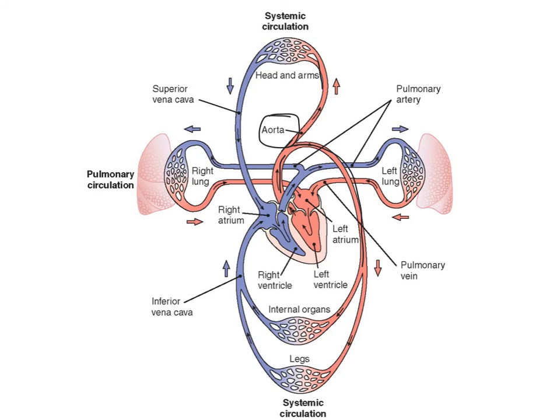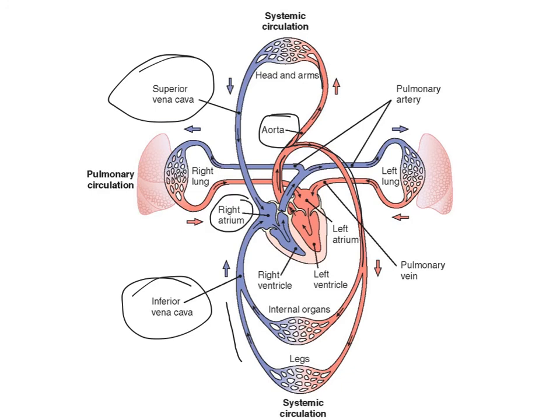Once it gets to where it needs to go, whether the head or arms, the internal organs or the legs, that oxygen gets used up and gets transferred into carbon dioxide. That carbon dioxide travels through the blood vessels back into the heart via the inferior vena cava or the superior vena cava. That would then go into the right atrium.